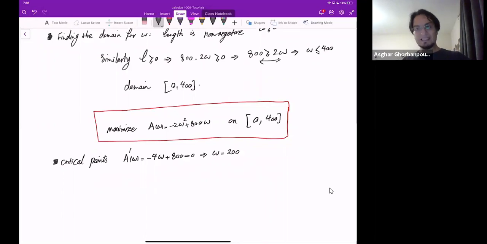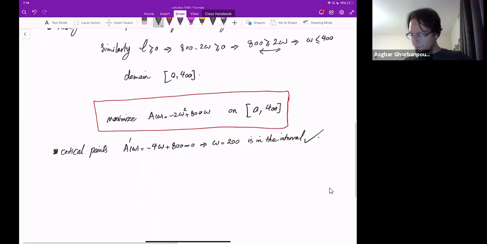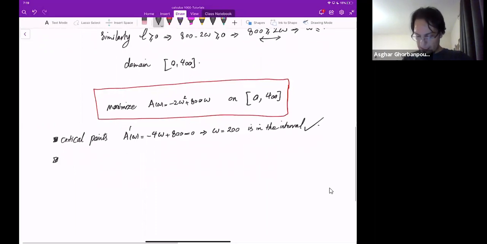And note that this is in the interval. If it is not in the interval, we just throw it away and we don't consider it. Okay. What else we need? We need endpoints. Endpoints here, one is W is 0 and W is 400.